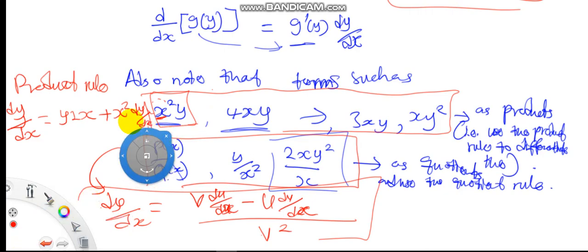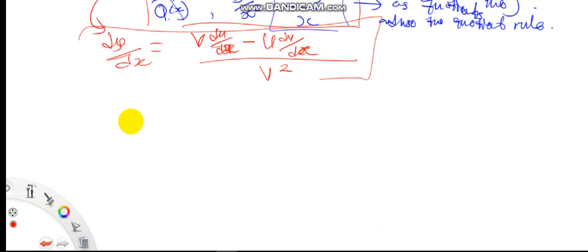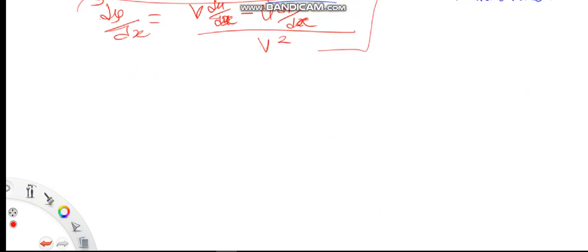We have this question here. I hope we have enough time to be able to complete this. So we are given the implicit function x cubed plus y cubed is equal to 3xy, and we are asked to differentiate it.